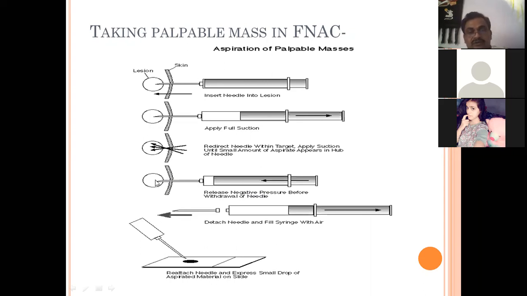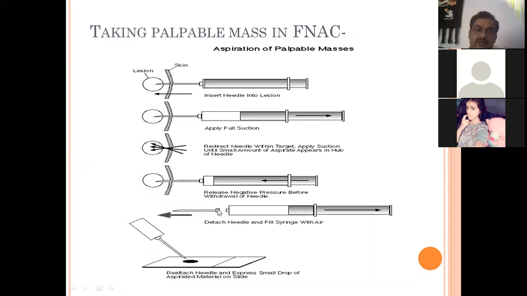Along with the cells, due to negative pressure, it will also collect blood, and your sample will be mixed with blood, which is not good. So you have to release the negative pressure before removing the needle from the lesion.